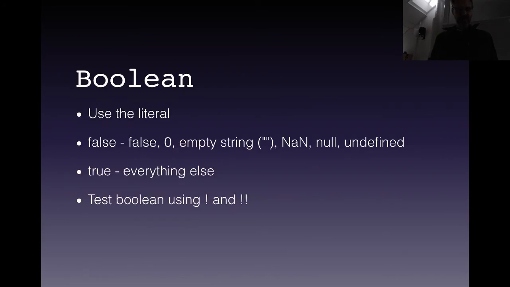We have a Boolean. All these things would turn out to false. False, 0, an empty string, not a number, null, undefined, all those will turn out to a false value.